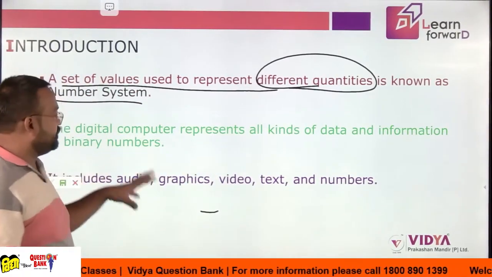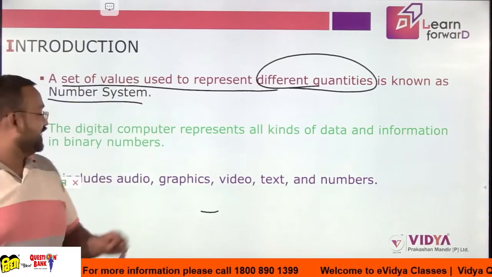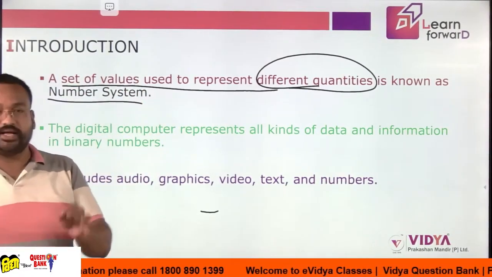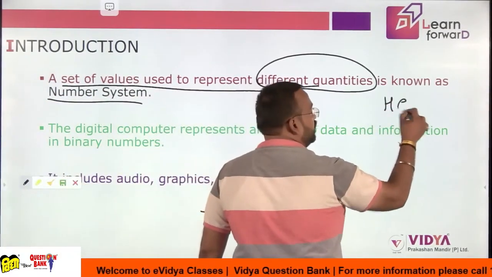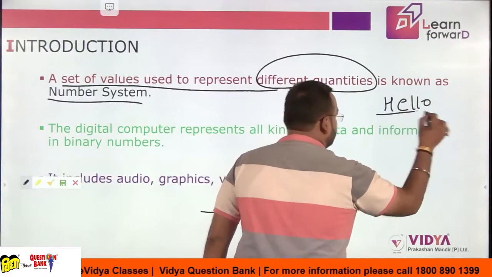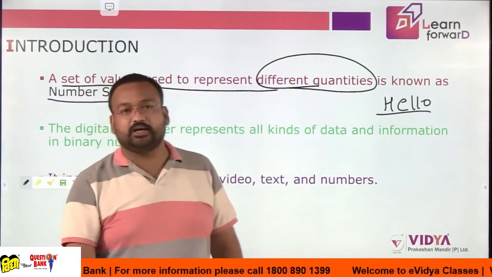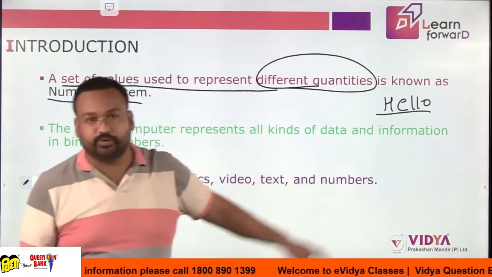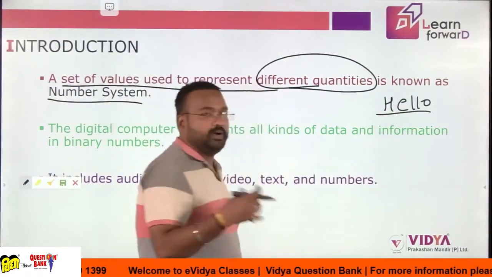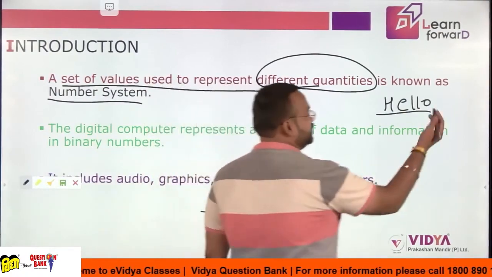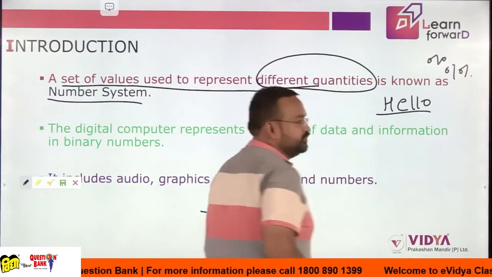The digital computer represents all kinds of data and information in binary numbers. Like I told you earlier, suppose we are writing "hello." This word can't be directly understood by your computer. First, your computer will convert this text into a binary number, in the form of 0101, something like that.